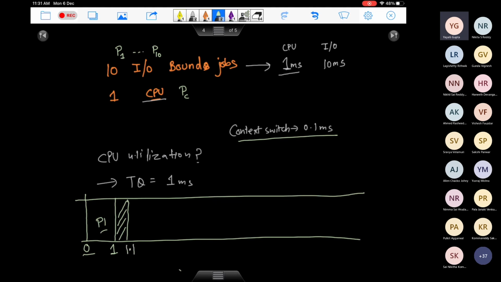From 1.1 you will start with your second process, which is P2. Till when will it run? 2.1 milliseconds, exactly, right? Another 1 millisecond, and then again 0.1 for your context switch. This is now 2.2. You run P3, so on and so forth.